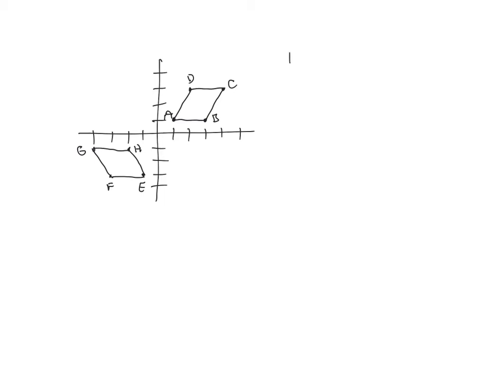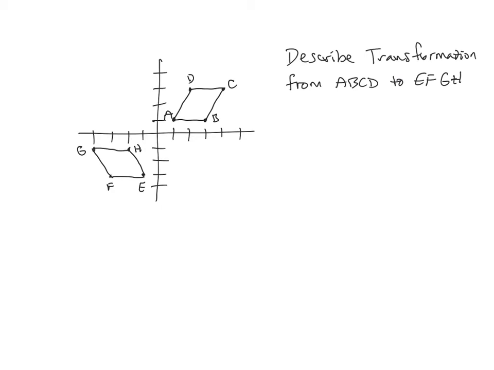Okay, and so it'll say describe the transformation from A, B, C, D to E, F, G, H. So when I'm done, I'm going to slide it, translate it, rotate it, reflect it, or do two of those things, whatever.